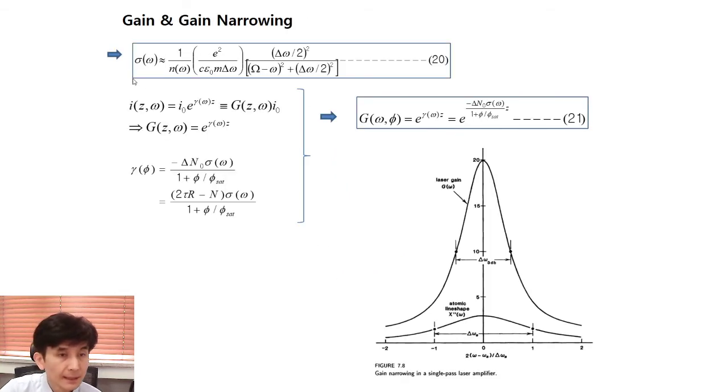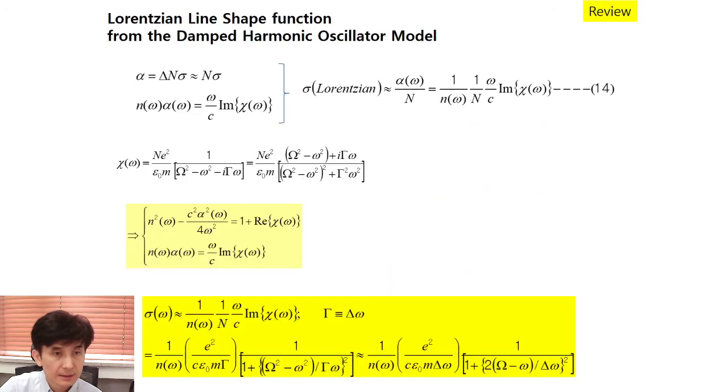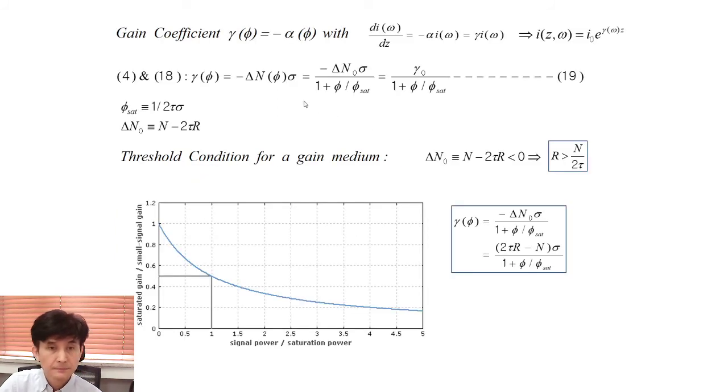Then, gamma is delta n times sigma, and delta n is a function of input flux. So delta n is now saturated with the expression we have derived here. But delta n is not delta n 0, but is saturated: delta n not over 1 plus phi over phi set.